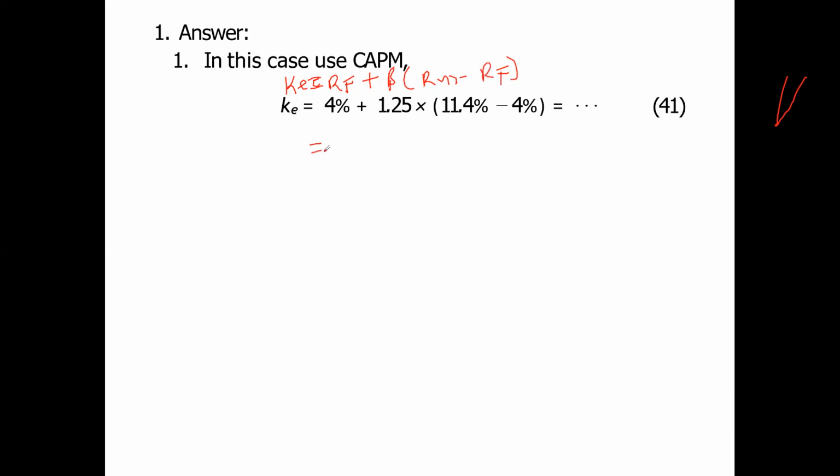So the risk-free was 4%. Beta given in the question was 1.25. The return on the market is 11.4%. Then risk-free again is 4%. So when you put in everything, you can solve the bracket first. You can change the percentages to decimals, then multiply the final answer by 100.